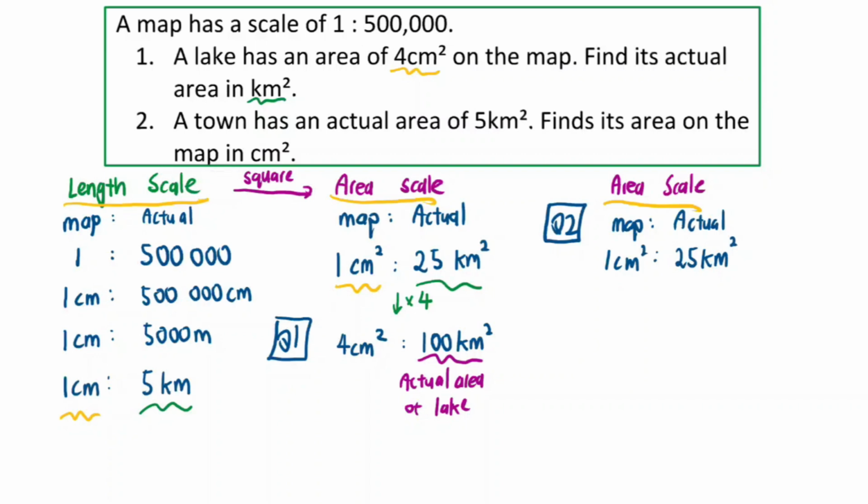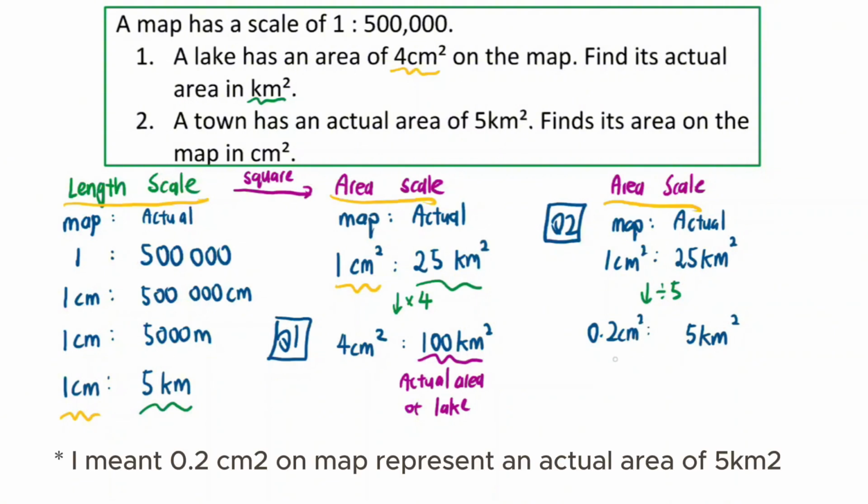What we need to do now is, we need to have 5 kilometers square in the actual area. From this area scale that we have, we simply divide by 5, because 25 divided by 5 gives us 5. Then on the left here, when we divide 1 cm square by 5, we will get 0.2 cm square.